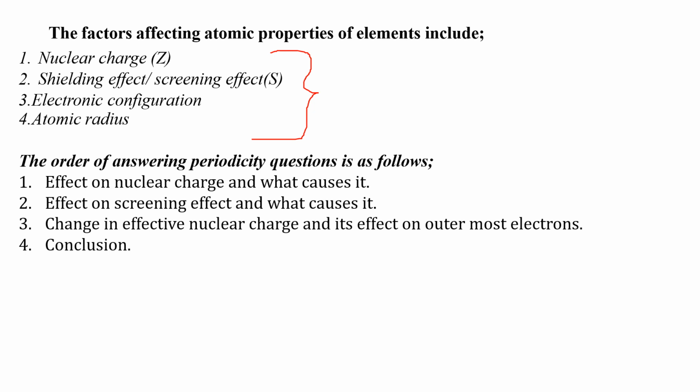Every topic you begin with periodicity, so it's very vital to understand each of the following and how each of them is explained, especially these first two, the nuclear charge and screening effect. Electronic configuration must also be understood properly. So make sure that if you don't have these notes, you pause the video, you first note down the notes before I start my explanations.